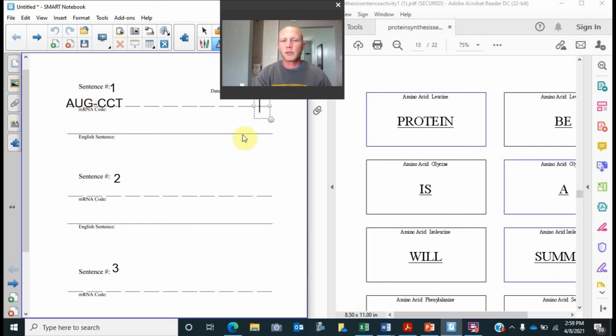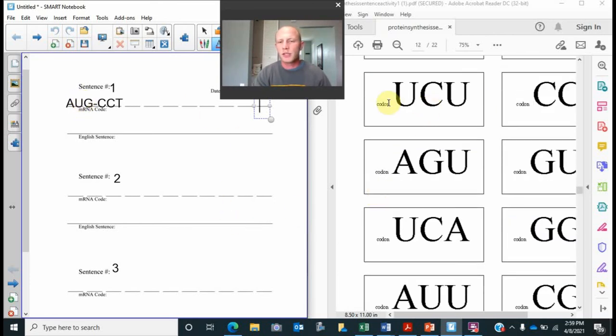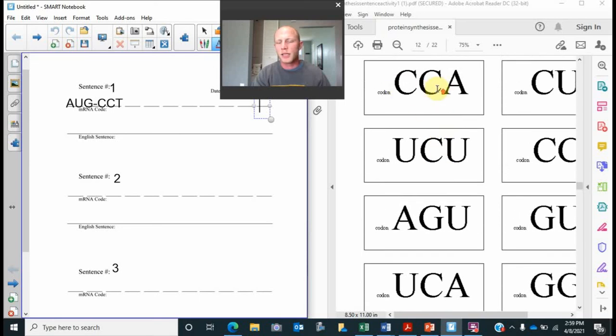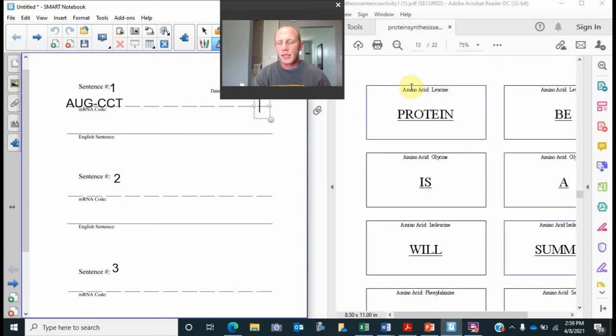Now this ribosome reads these codons, UCU, or let's go with CCA, and it reads that and it says, okay, CCA, that's the amino acid leucine. So then it brings the leucine amino acid and tacks it on there and it keeps growing this chain. But what you're going to write down is protein because that's the next word in the sentence that you are making.